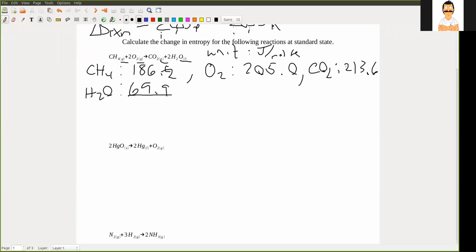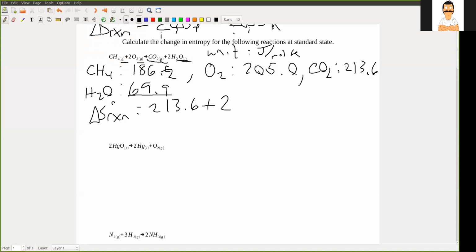Okay. So now we just have to calculate our delta S reaction at standard state, which means at 25 degrees Celsius. It's going to be the sum of the products times their coefficients minus the sum of the reactants times their coefficients. So the products are CO2 and H2O. For CO2, we have 213.6 plus H2O.